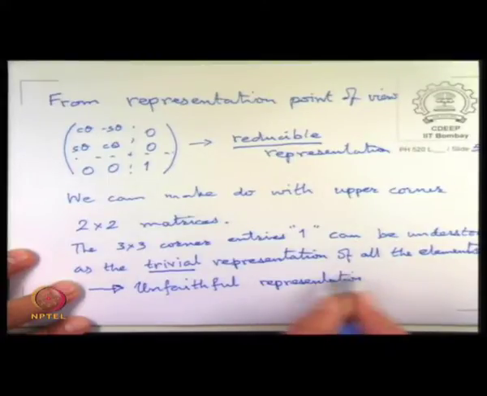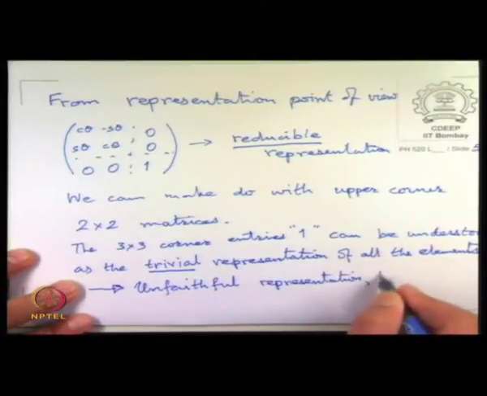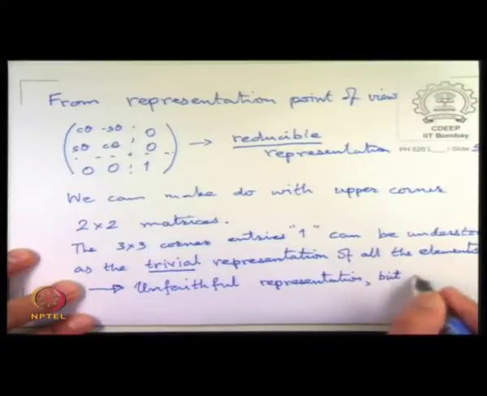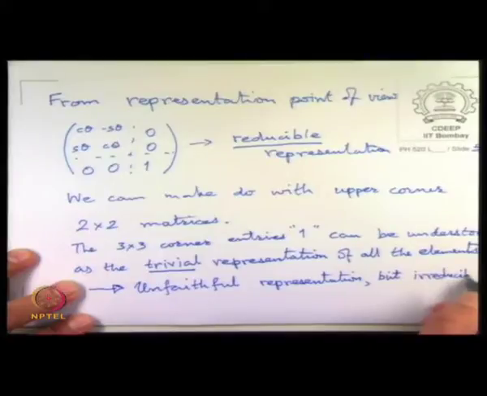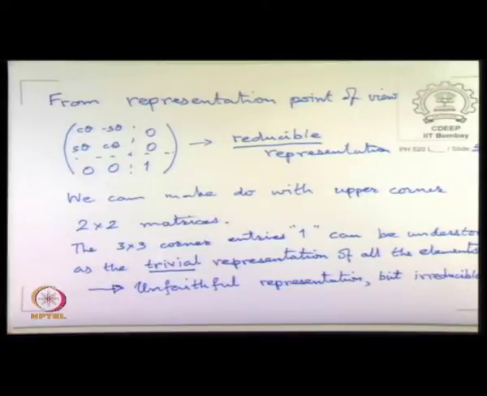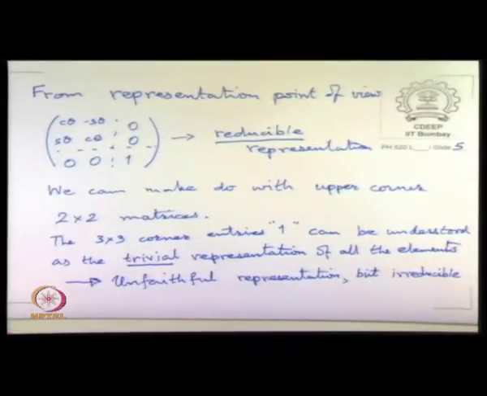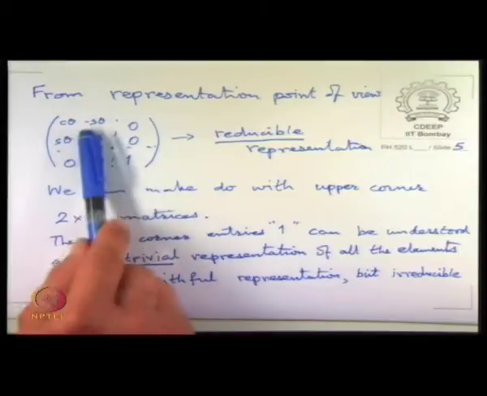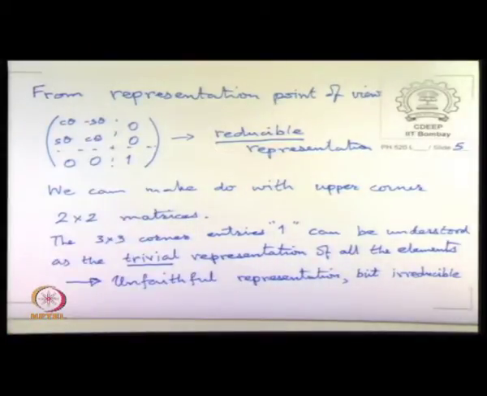But also irreducible. Right, you can't reduce 1 any further, so the representation is irreducible but it is unfaithful. The upper corners, the 6 distinct matrices provide a faithful and irreducible representation.